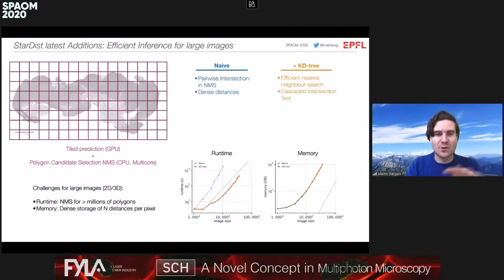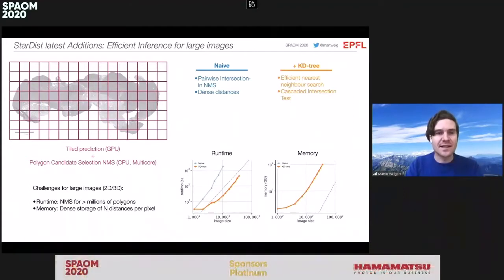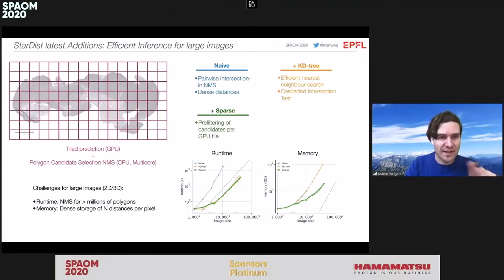And so we thought of, okay, successively making it better, first with a KD tree that implements a fast neighbor search algorithm that can prune the list of neighbors that can potentially intersect. So the runtime immediately goes down, whereas the memory stays the same. You can do sparse predictions, so you filter those candidates per tile and only stitch the filtered results, which brings down the memory.